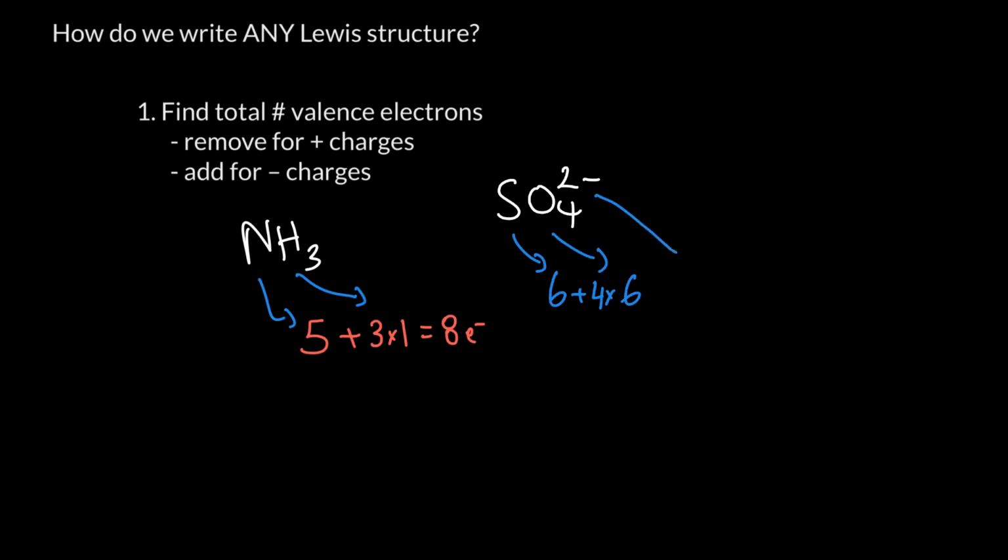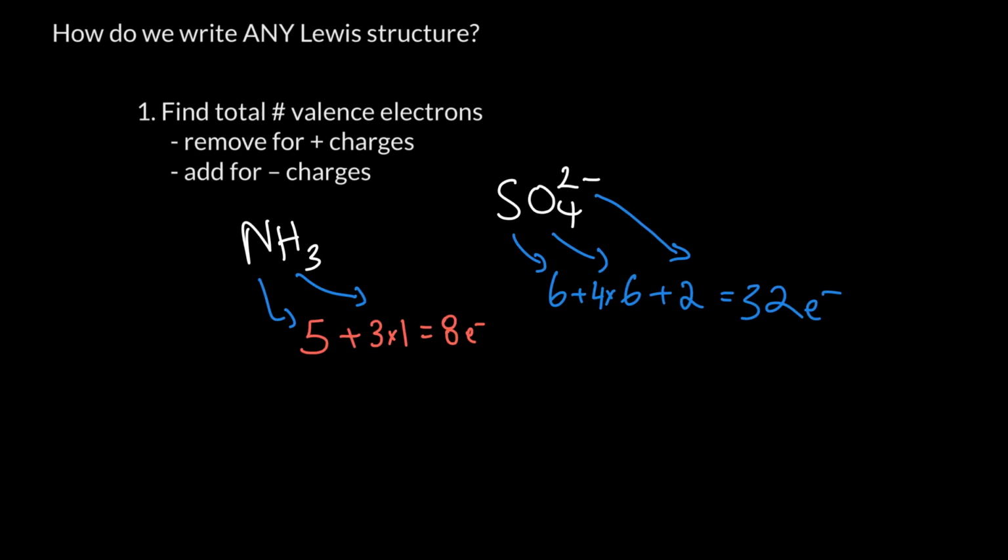This negative charge up here, in fact it's not -1, it's -2, comes from the addition of 2 electrons. So you gain 2 electrons to gain a 2 negative charge. Electrons are negative, remember. So what does that give us? 6 plus 4 times 6 plus 2. Let's see, 4 times 6 is 24, plus the 6 up front is 30, plus the 2 on the end is 32 valence electrons. So not core electrons, just the valence ones.